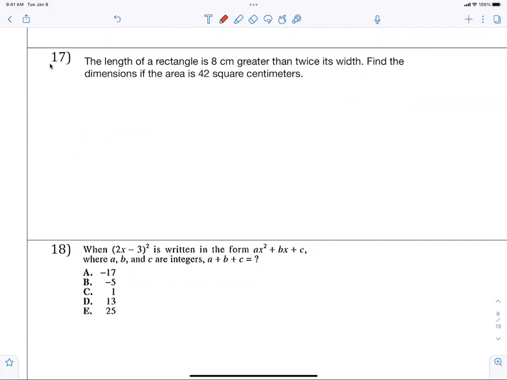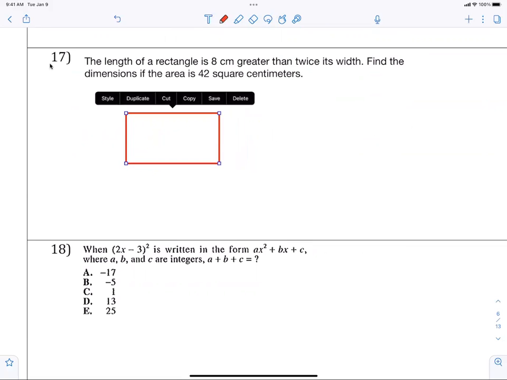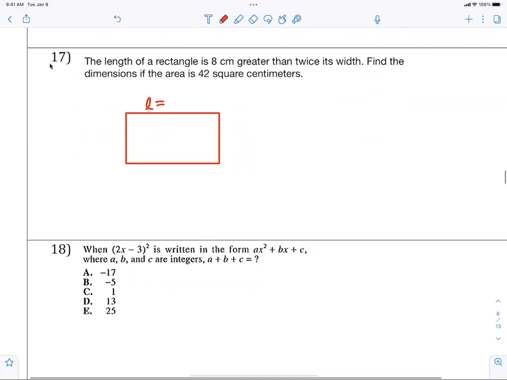All right, number 17. The length of a rectangle is 8 centimeters greater than twice its width. Find the dimensions if the area is 42. Again, same kind of thing, draw. So I have a length and I have a width.